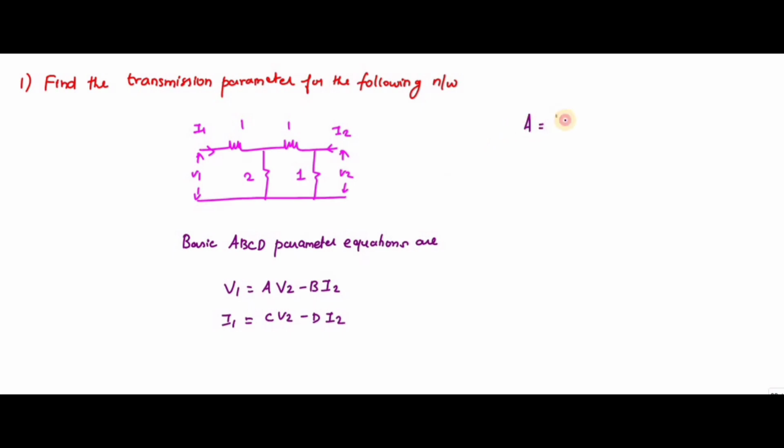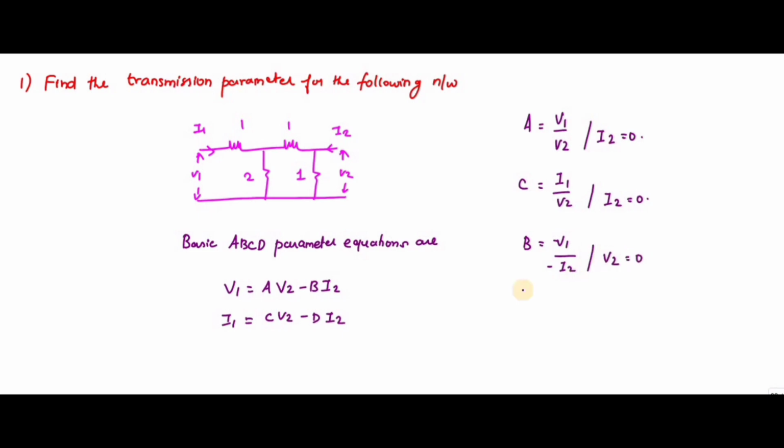So what is the value of A? A is equal to V1 by V2 whenever I2 is equal to 0, because if I2 is equal to 0, B will be 0. Likewise, C is equal to I1 by V2 for I2 equal to 0. B is equal to V1 by minus I2 when V2 is equal to 0.